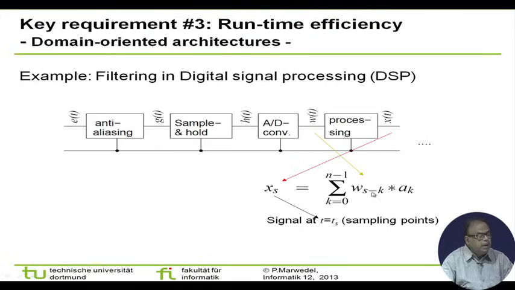I multiply the current coefficient with the W values, which are coming from the A to D converter, for k equal to 0 to n minus 1. So, I am taking all the previous samples and making a multiply and add with respect to that.